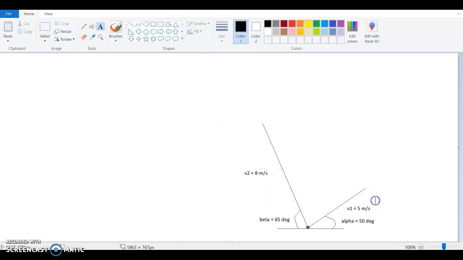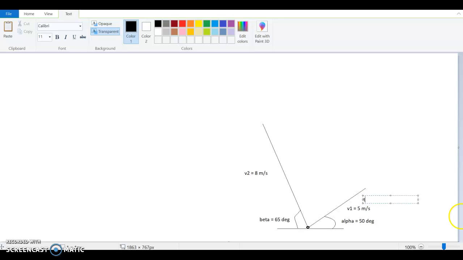So, at a specific time, of course, that's user defined as well, let's say 5 seconds, and here of course we have the same time, 5 seconds. Given that, you can solve for the distance it traveled from point 1 to point 2.